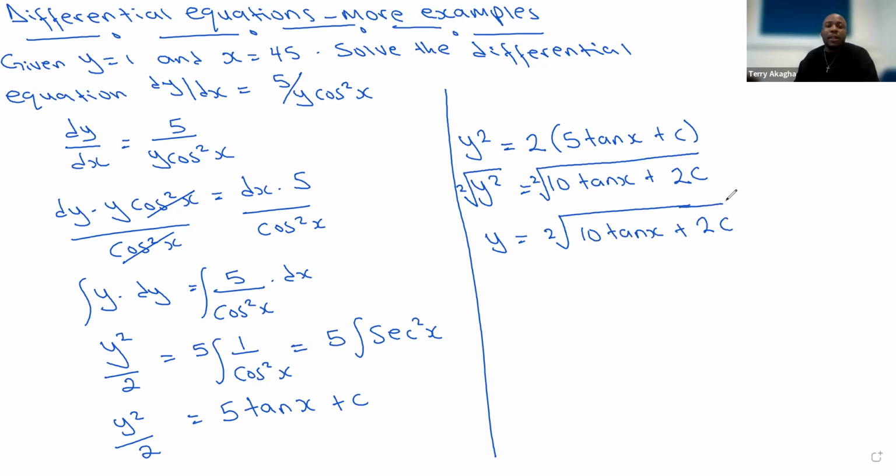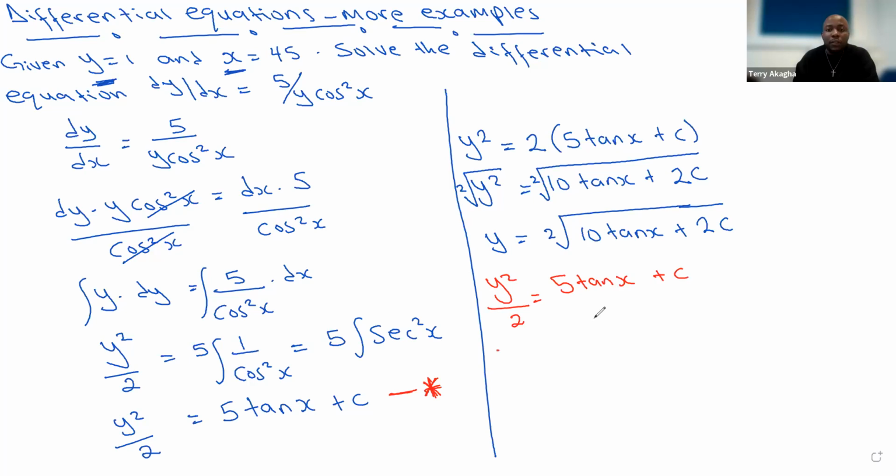Good. But we can't stop there because they gave us the value for y and x. So we go to the original equation, like I told you the last time, the one you get after integrating, to look for c. We know y squared over 2 is equal to 5 tan x plus c.